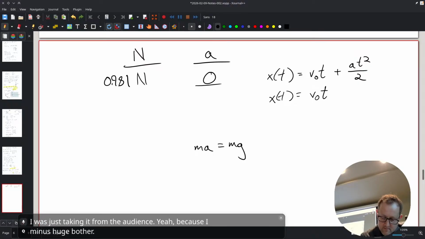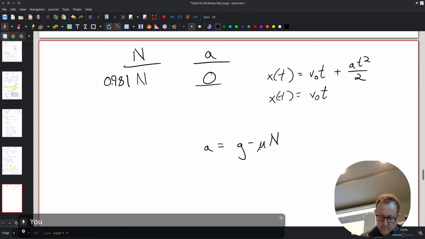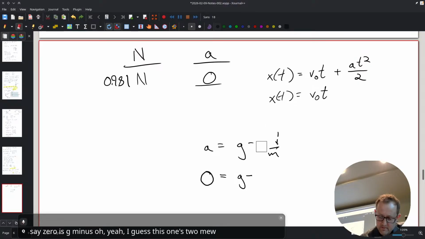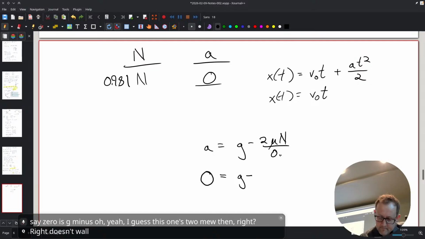Oh, I guess this one's 2 mu n, right? Because of the two walls. Yep. So 1 times 1 over 0.1. Well, I guess we said 0.981.